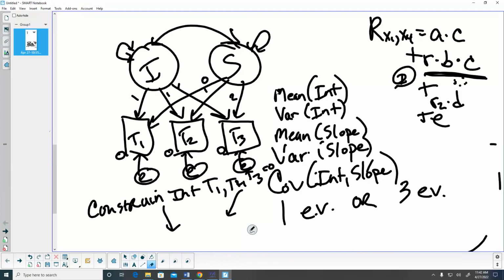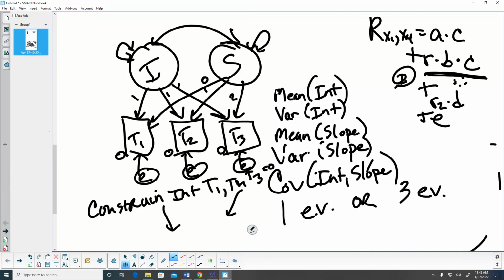If we estimate 3 error variances, well, we have 3, right? Remember, we have to think about identification for the mean structure and the variance covariance structure separately.